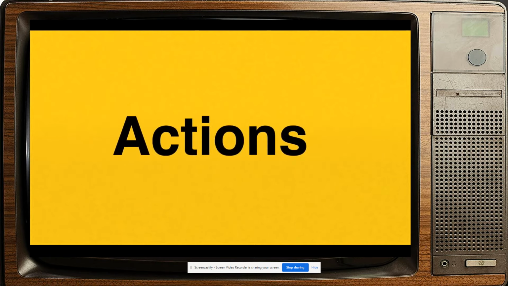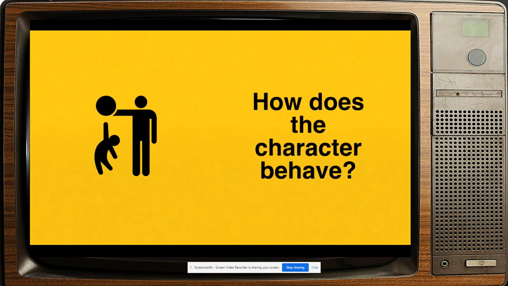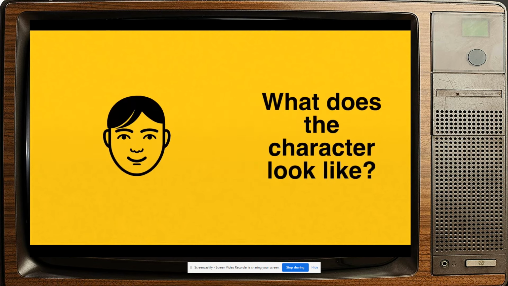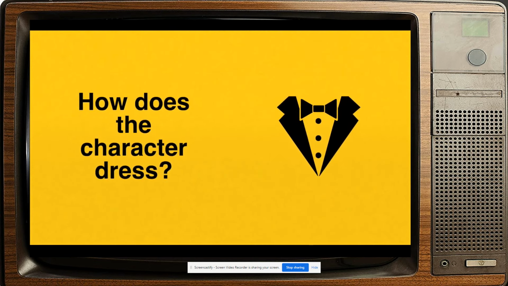A stands for actions. What does the character do? And how does the character behave? L stands for looks. What does the character look like? And how does the character dress? Let's recap.